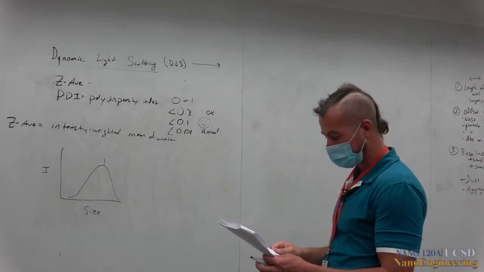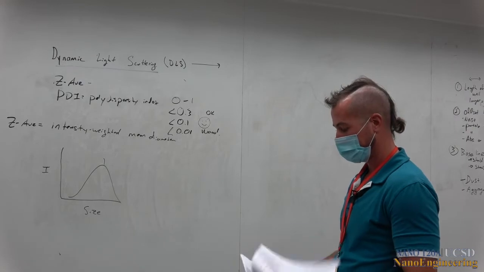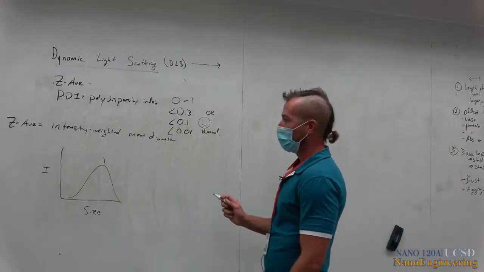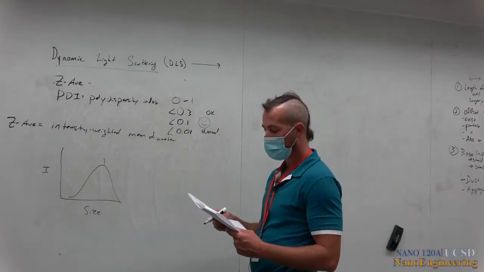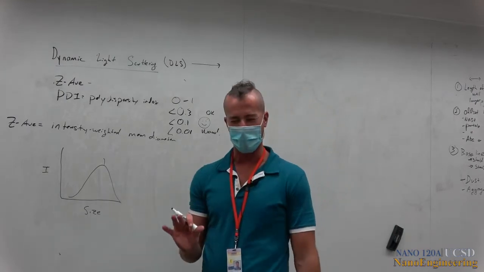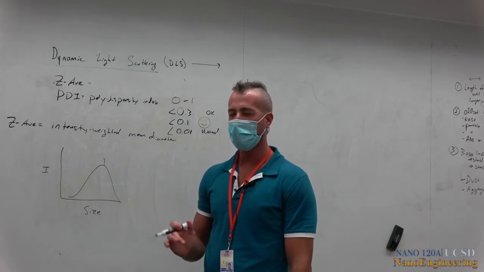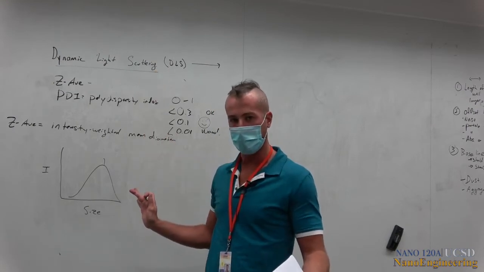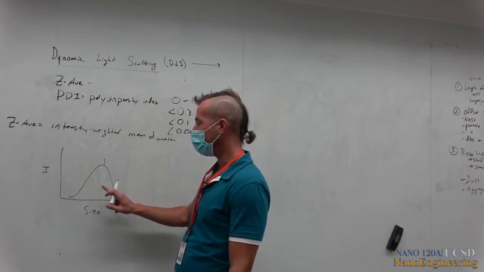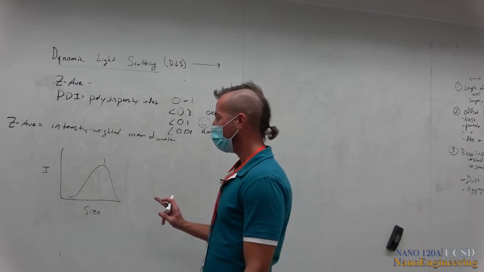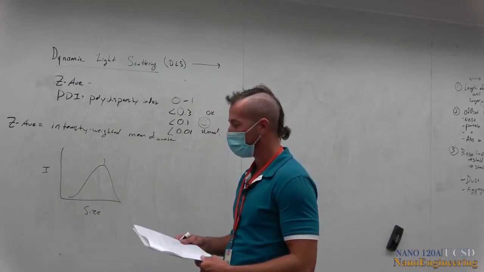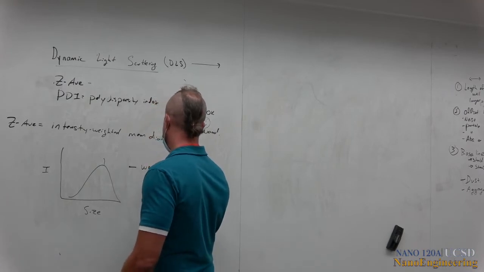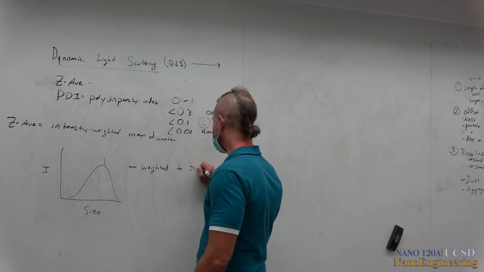One is this intensity weighted. It's kind of a weird way of thinking about this, okay? You're using the raw scattering intensity, through the process that I walked you through, to estimate the size. The only problem is that it's weighted to bigger particles.